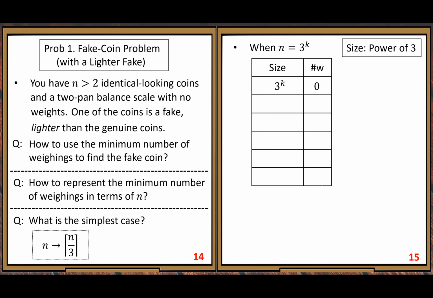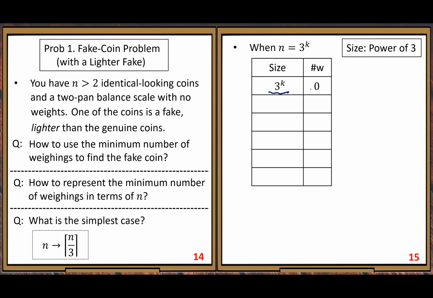At the beginning, before we do the first weighing, the size is 3 to the k, and we haven't done anything, so the number of weighings done is 0. Now, let's do one weighing.